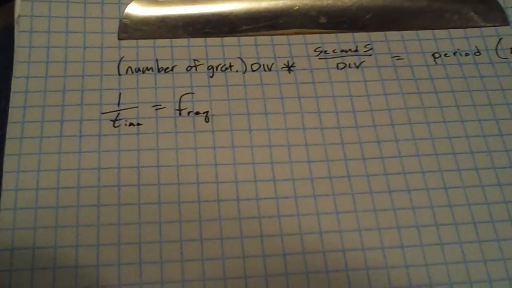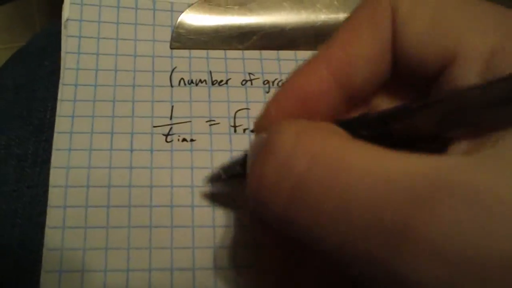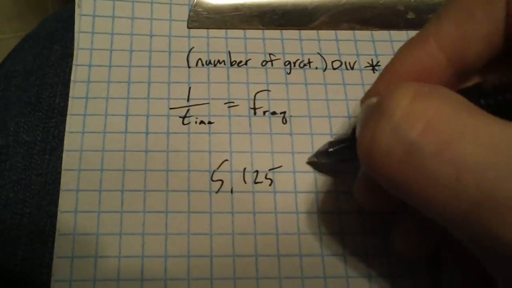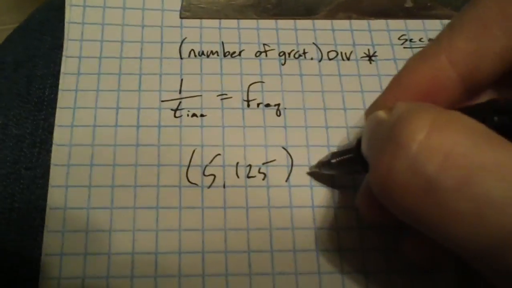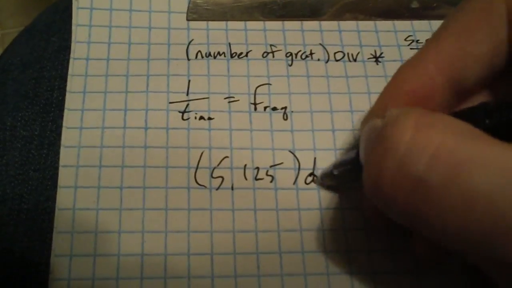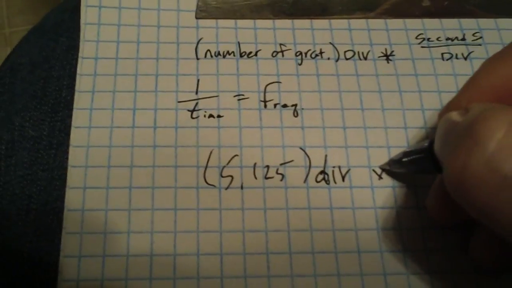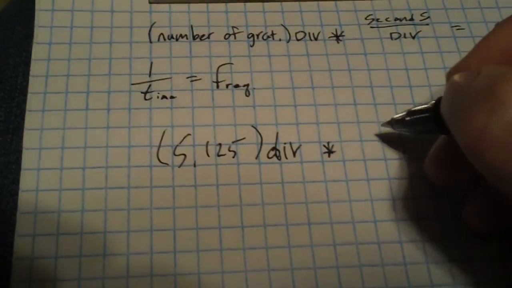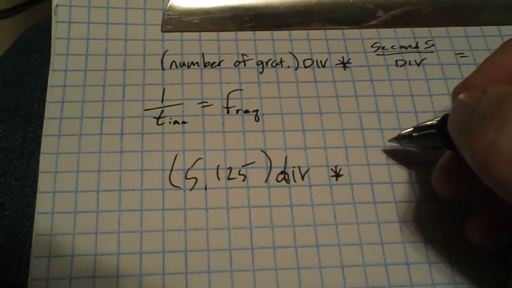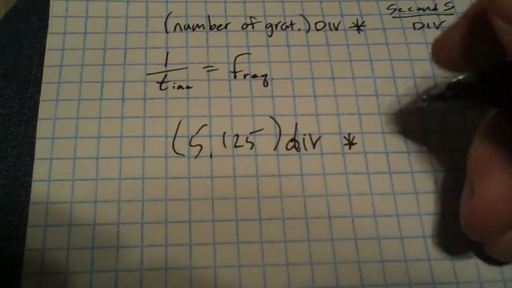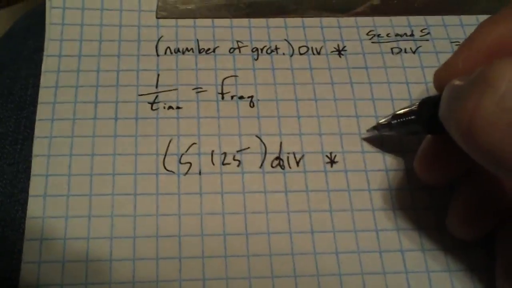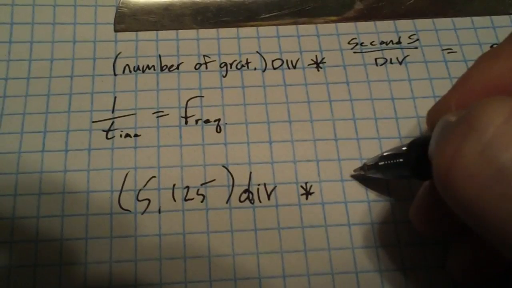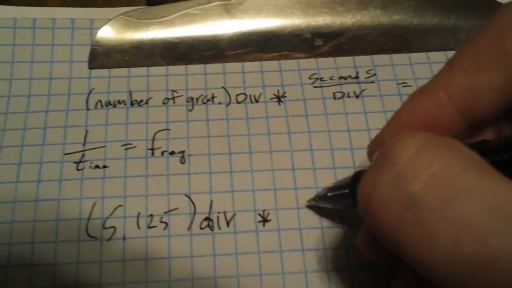So in this case, we've got 5 1/8 times, let's see, okay, seconds over division, so in this case it would be 200 microseconds. Let's convert, and you want to keep your units straight.